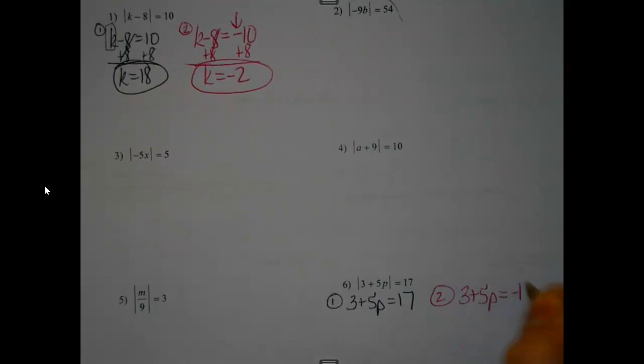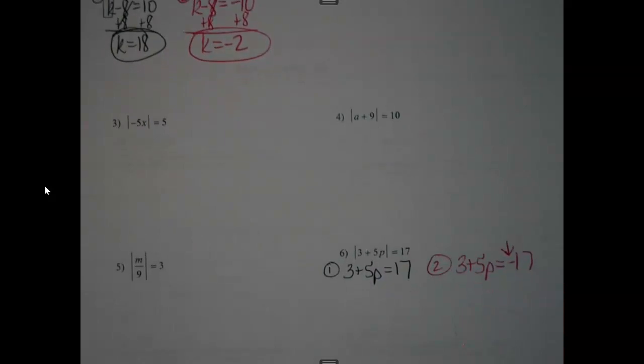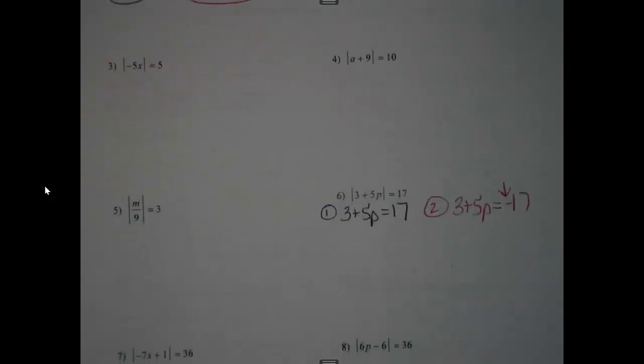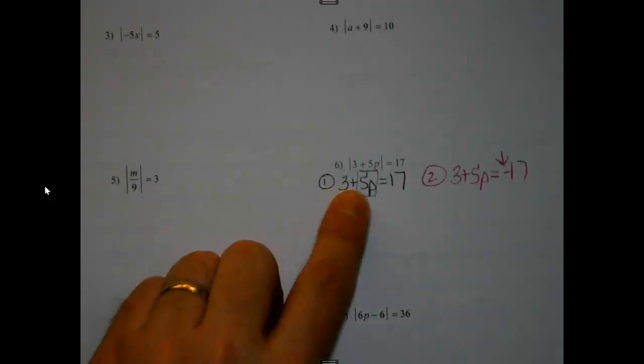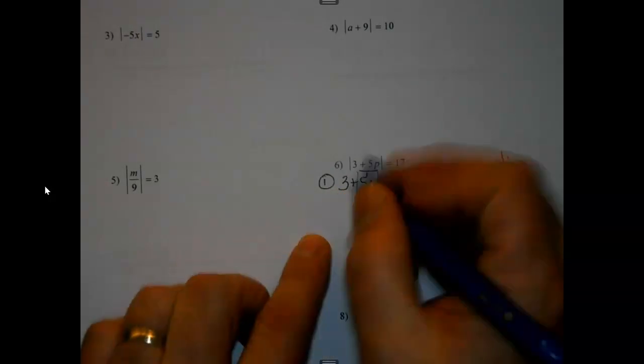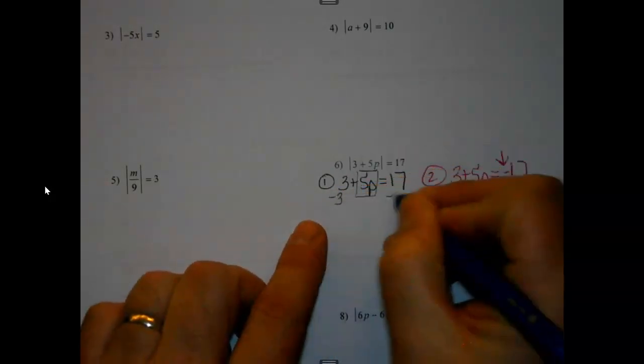Only thing that changes is the sign. And now we're back. Boxing in our variable term. We're adding 3 to it, so we're doing the opposite.